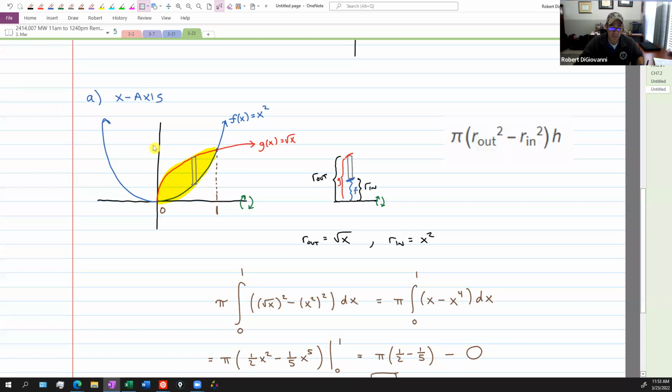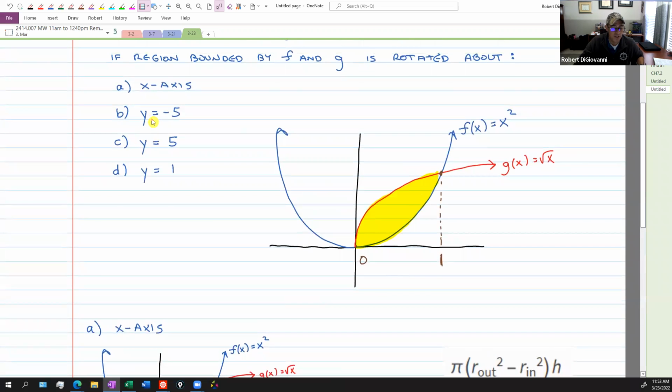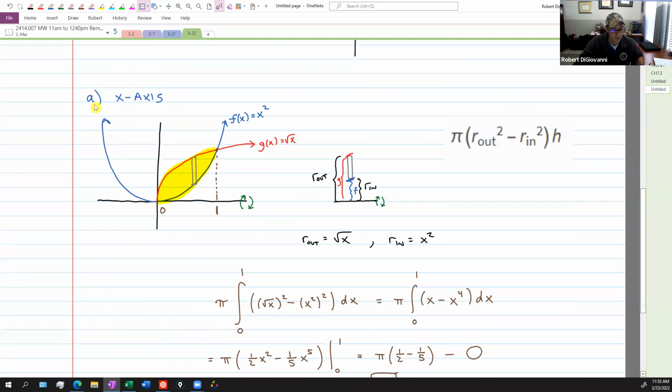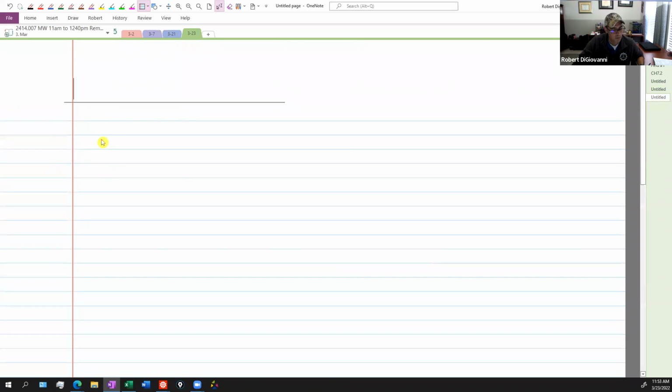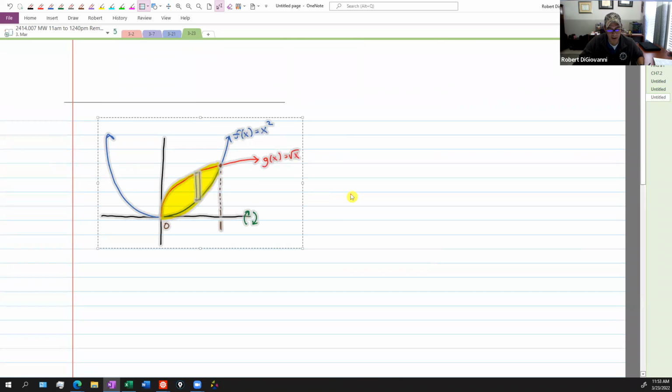Let's do the same thing, part B. Part B, I want to rotate around y equals -5. So I'm going to take my picture again here and rotate it around y equals -5 instead. So there's my picture. I'm going to need to come down here on the y-axis.